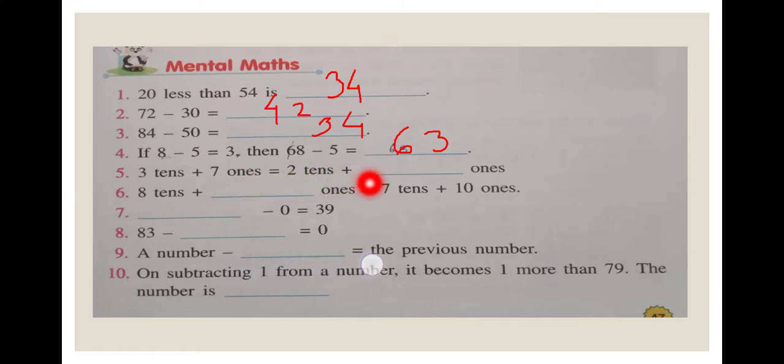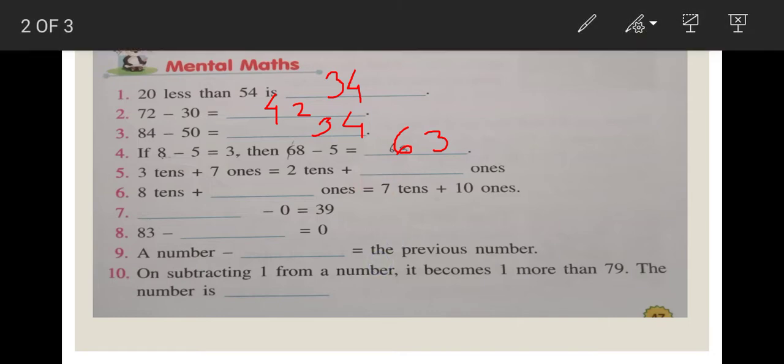So 20 plus 17 ones will become equal. To make both sides equal, you have to write here 17 ones. 30 plus 7 is 37, and here 20 plus 17 will be 37.